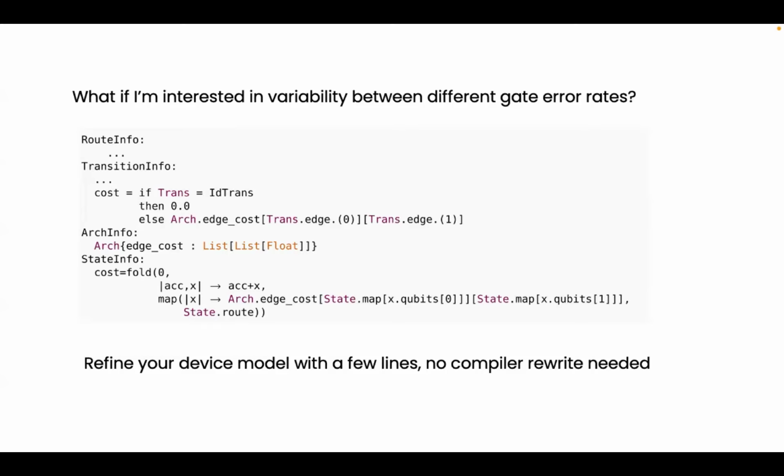And so you can just extend your file to account for this by adding some more data that contains the cost for each particular edge and modifying our cost function to access that cost to determine the cost for each of the swap operations. So we don't have to construct a new solver, we just modify this file.